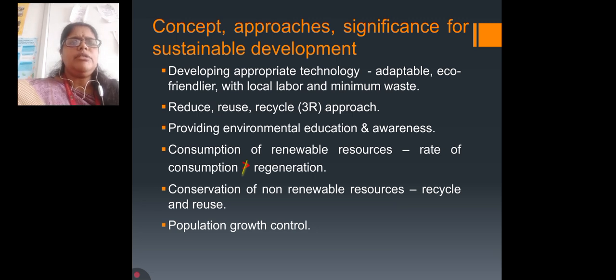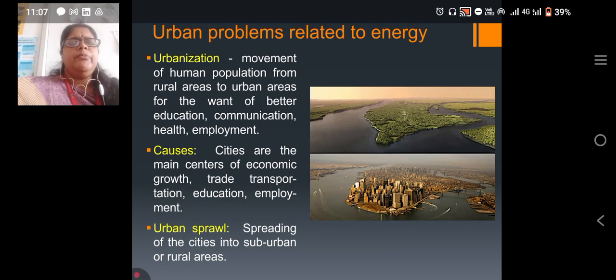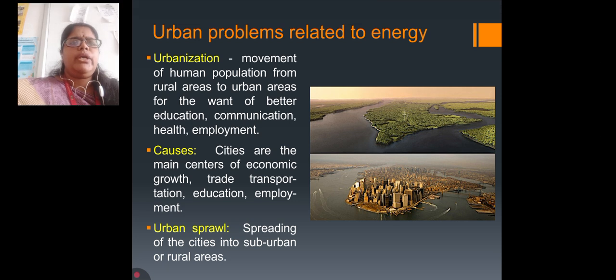Consumption of renewable resources: the rate of consumption should not be greater than the regeneration. Conservation of non-renewable resources, recycle and reuse. Next is population growth control. So these are some points that have to be remembered and followed for the approaches of sustainable development.